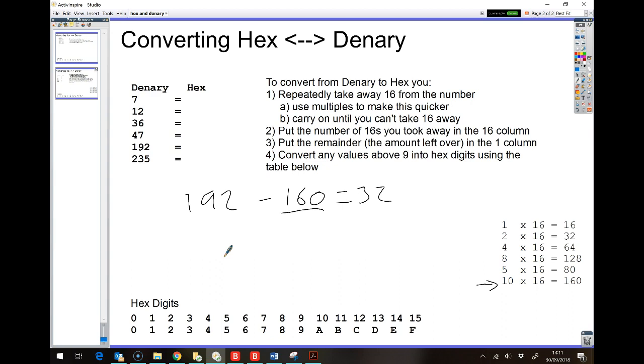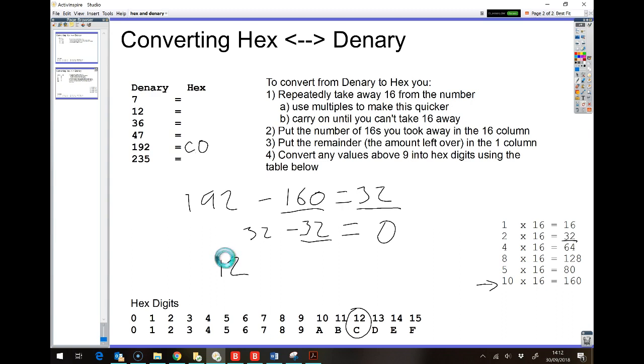So here I've taken away 10 lots of 16, and then if I do 32 minus 32, so I'm taking this value and I'm taking away the 32 here, that is another 2 lots of 16. So we've taken away a total of 12 lots of 16. So I then find 12 in my list here, which is C. And actually, I've got no remainder, so C, 0.